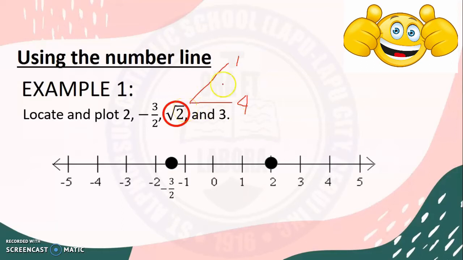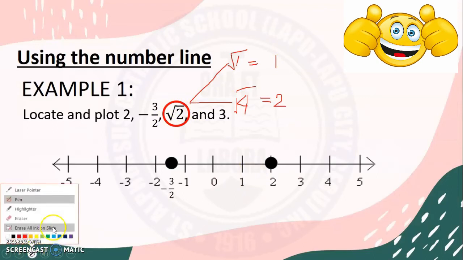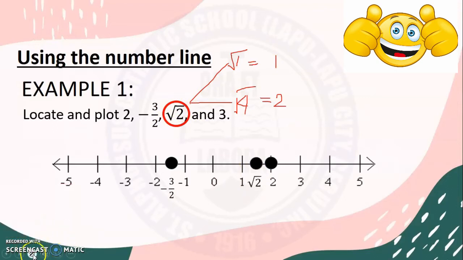Now, let's get the square roots. Square root of 1 or principal square root of 1 is 1. Principal square root of 4 is 2. So that means square root of 2 is just located between 1 and 2. So if we are going to plot square root of 2, it is located here.